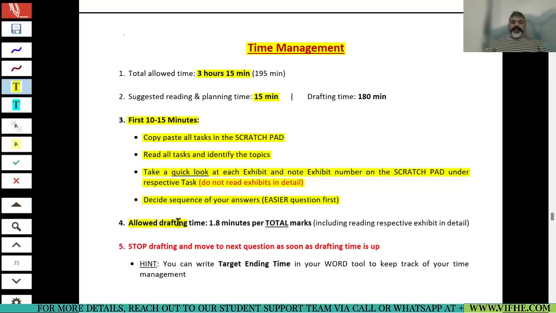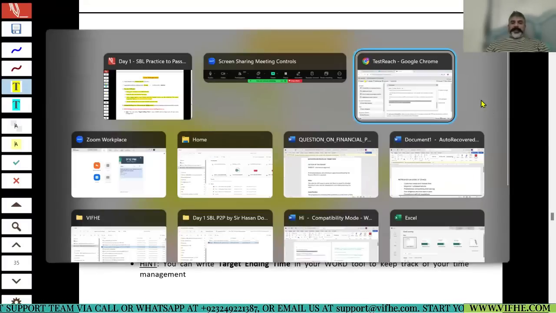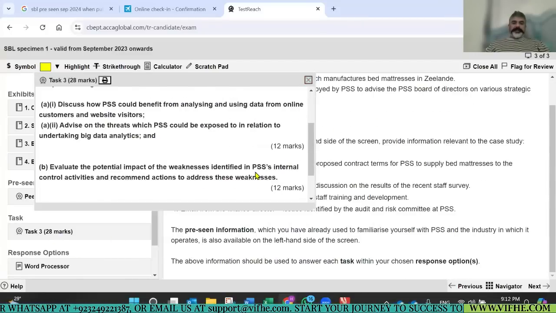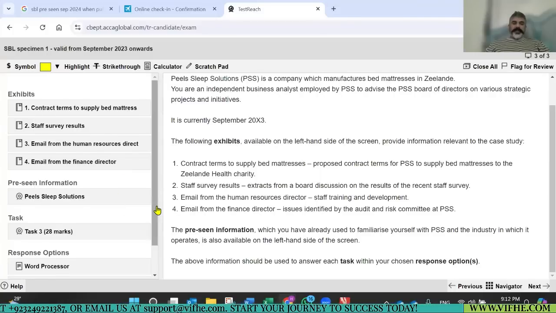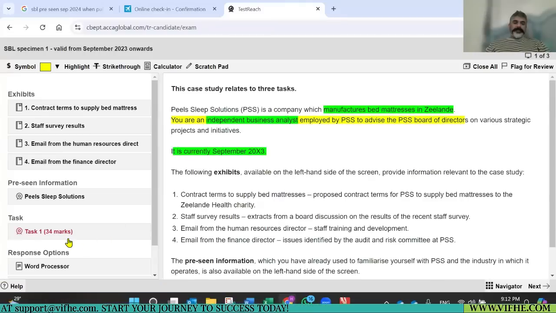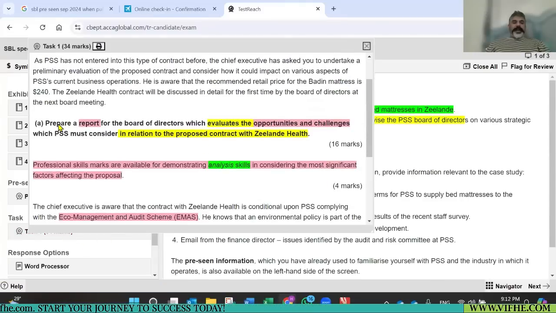So the allowed drafting time is 1.8 minutes per total marks. Okay, so how do we calculate total marks? For example, task number 3. Let me go back to task number 1. Task number 1A is 16 marks, technical requirement, and 4 marks, professional requirement.